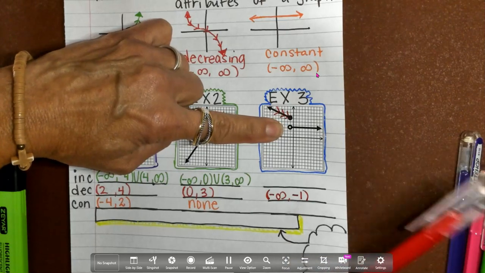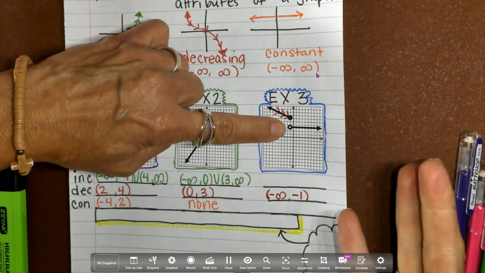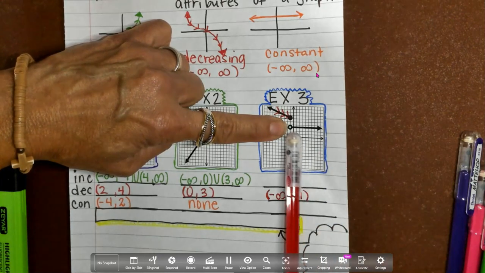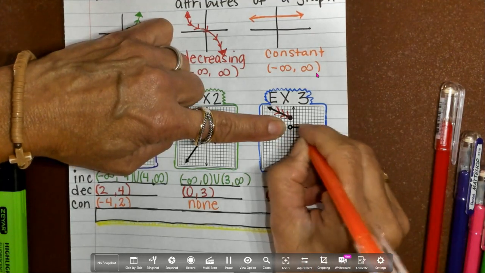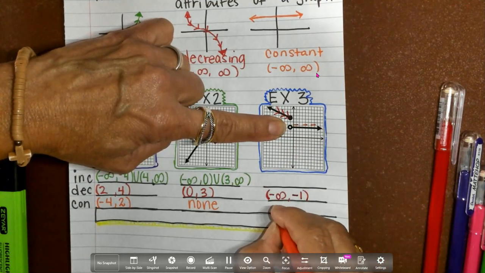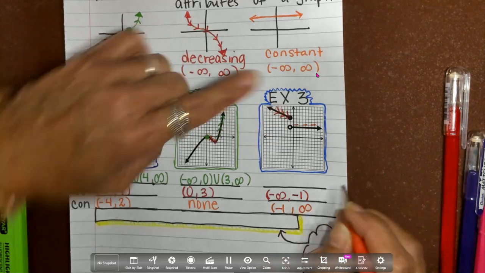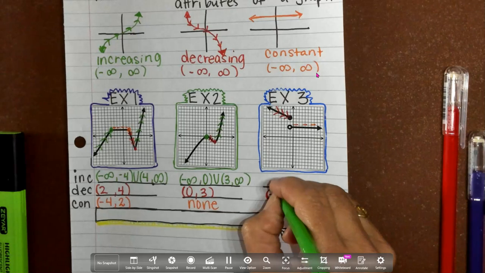Now remember what I said, it's not interval notation for a range. So I'm going to pick up where negative 1 jumps down to here. And if you notice, this is constant. So this is all constant right here. So this is going to be from negative 1 to my positive infinity arrow. And this graph did not have any increasing components.